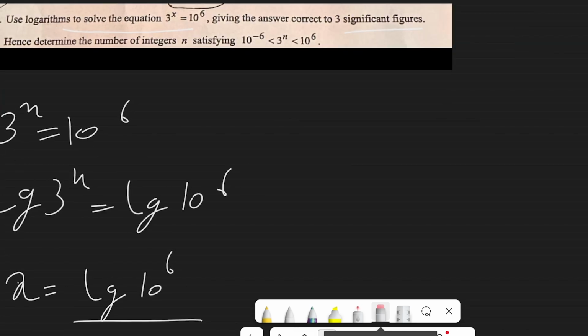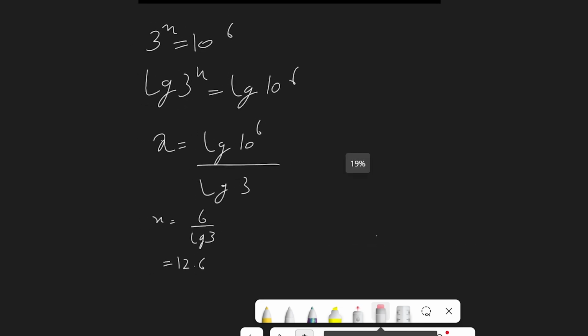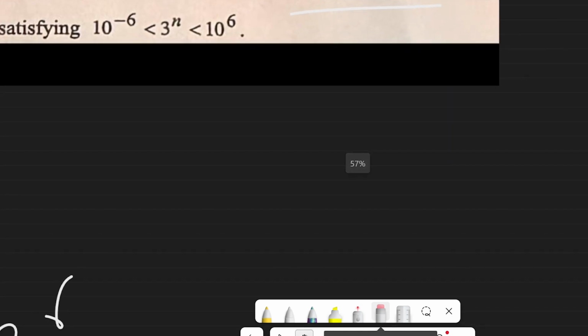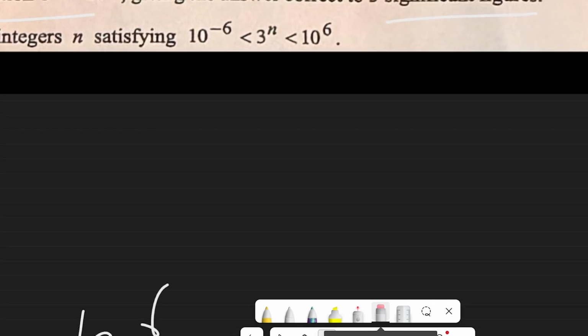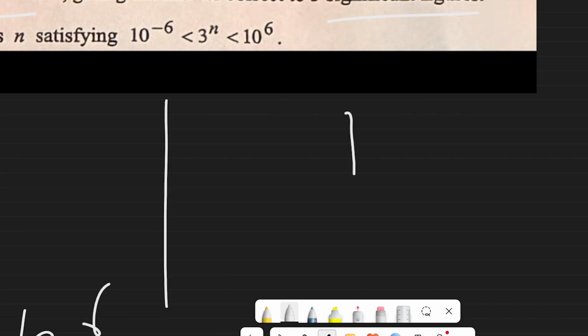And 3 power 12.6 would be equal to, just a second, 10 power 6, but we don't need to go into such large numbers. We can make this inequality simple by doing it like the previous part.